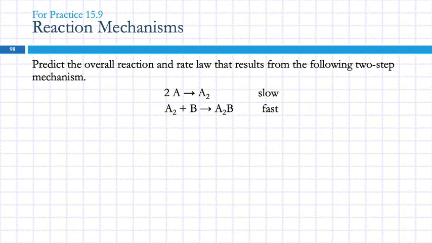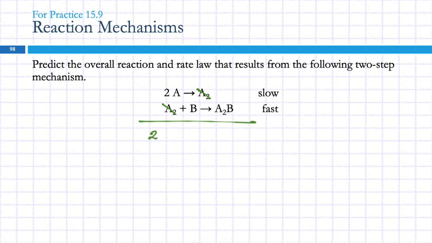Predict the overall reaction and rate law that results from the following two-step mechanism. Well, how do we get the overall reaction? We add the steps together, right? So if we add these steps together, let's see, there's A2 that is formed and decomposed.